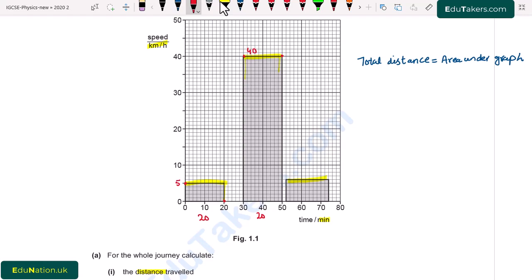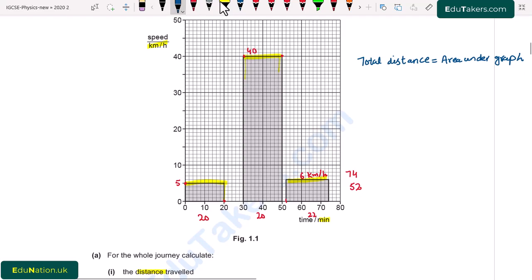On the third rectangle, you can see that it starts from 52 and ends at 74. So the total time will be 22 minutes and at that point the speed is 6. So it is 6 kilometer per hour. First of all, we have to change time that is given in minutes into hour.